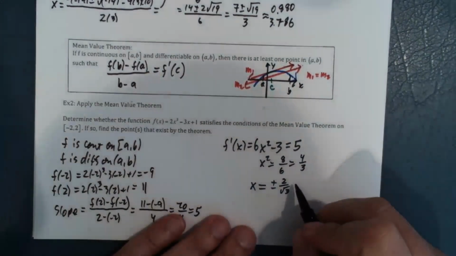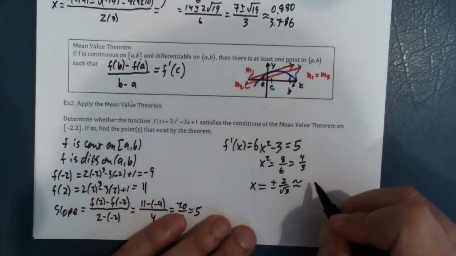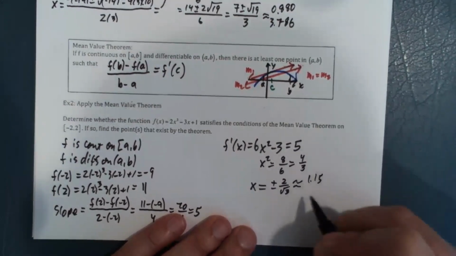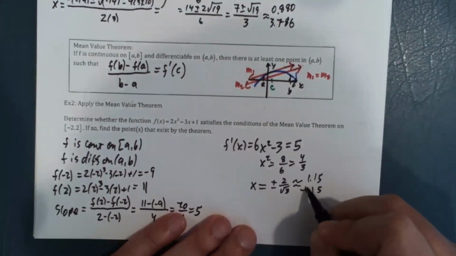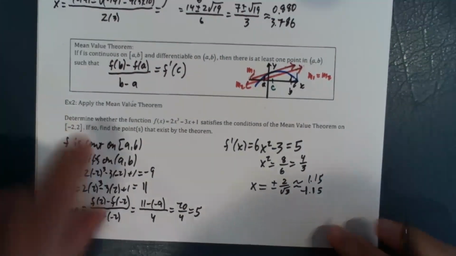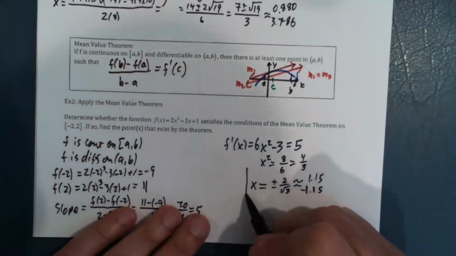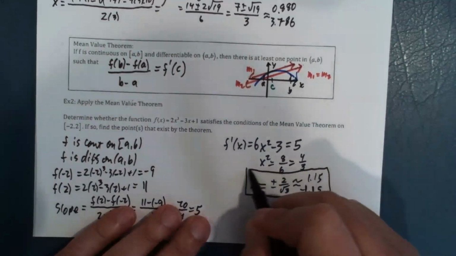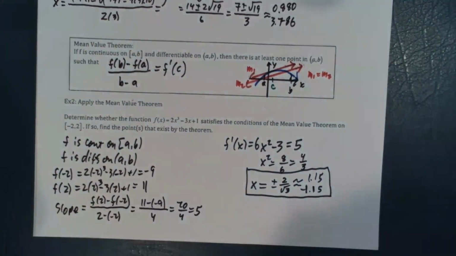And if we get approximations for those, we're going to get 1.15 and -1.15. And you can see both of those are within this interval here. And that is the mean value theorem and Rolle's theorem.